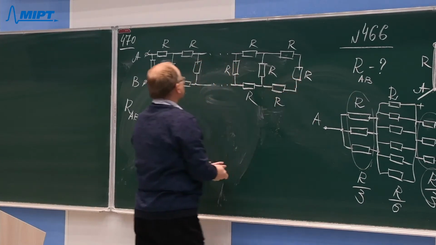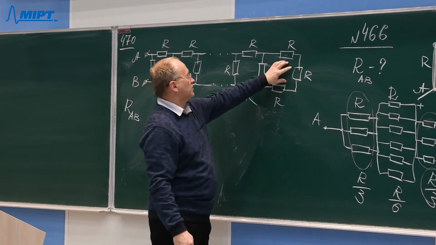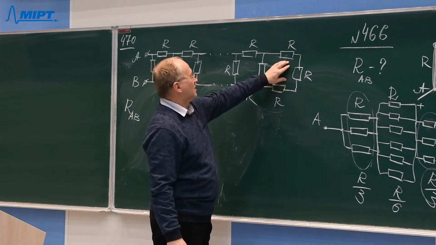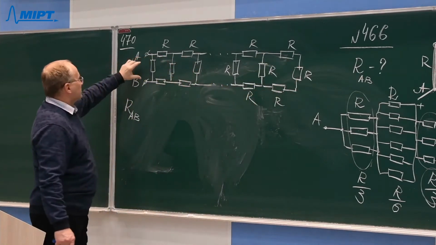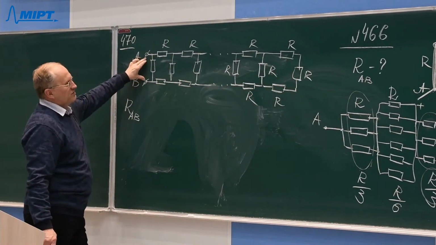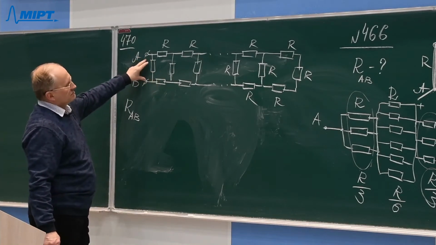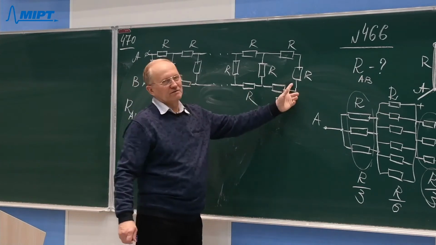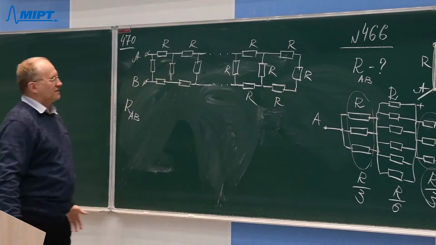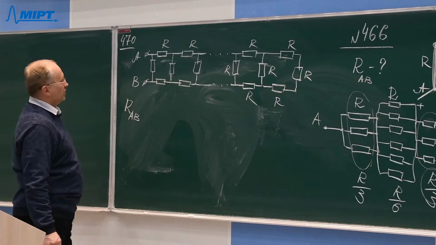If there were 2000 such cells and we connect just another one, number 2001, then the resistance between points A and B will not change, because the difference is very small between a very large number of cells and very large plus 1. That's practically the same. So the resistance between these 2 points will not change.